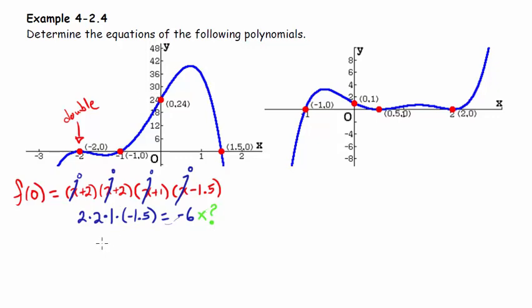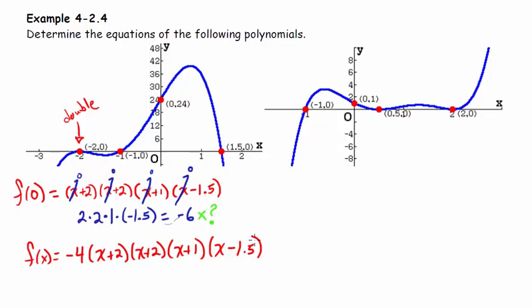I think that would be a -4. So let's see if this works. F of x, if I had -4 times x plus 2, x plus 2, x plus 1, x minus 1.5.